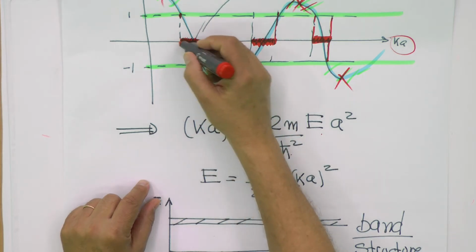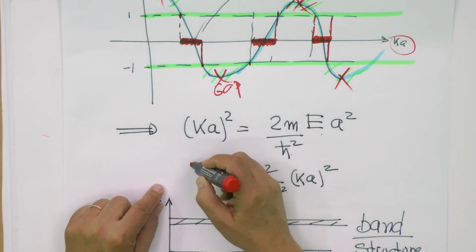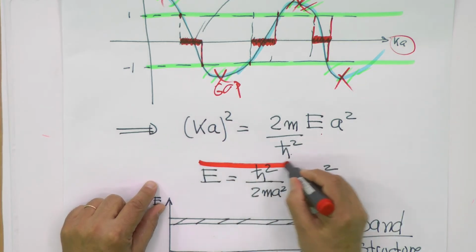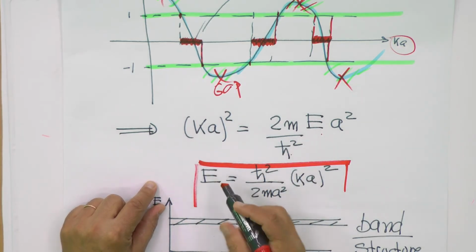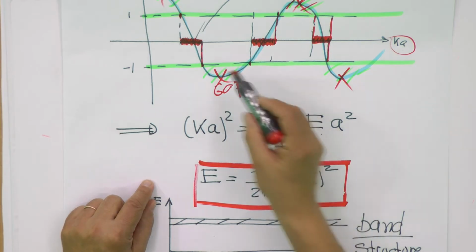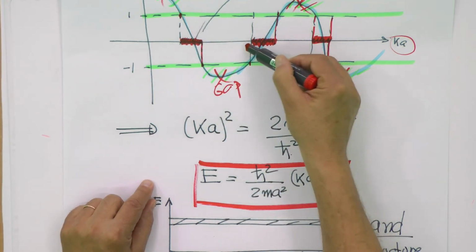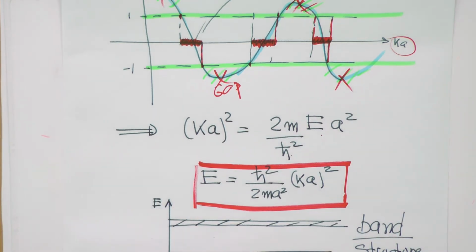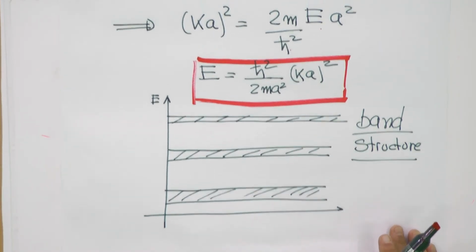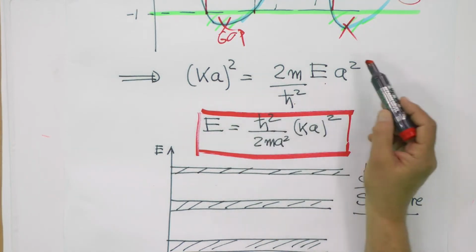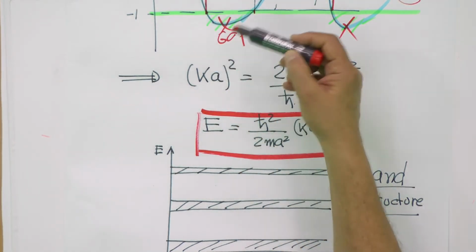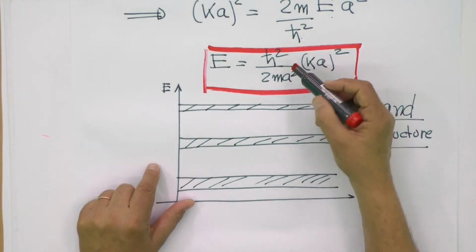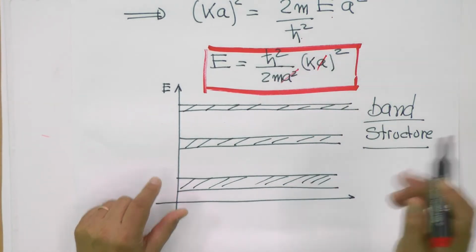Along those intervals, we have an interval of energy possible. Here energy is allowed, here energy is allowed, here energy is allowed, and so on. So when I make a plot, this region will give a K squared that's related to the energy. This is what we want to say. You don't need to worry about this a squared because they're going to cancel.